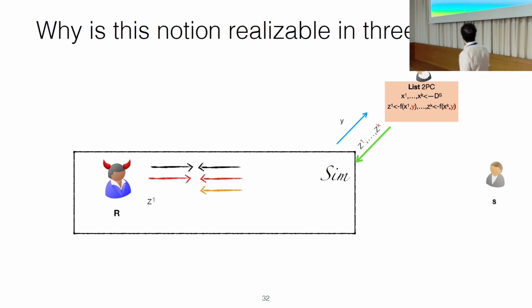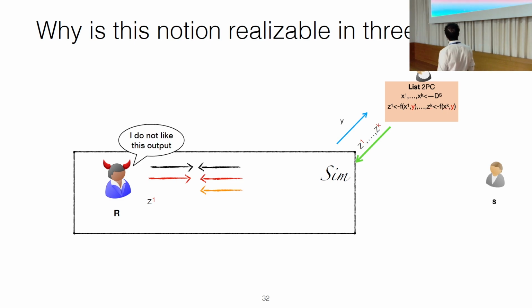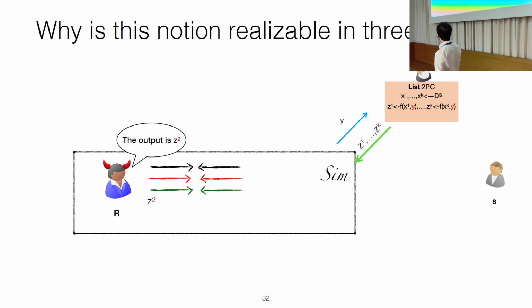And this is exactly the reason why you have this relaxation where from the ideal functionality you get multiple outputs, because this gives the simulator the chance to try multiple outputs, and at some point you can prove that the adversary will like one of your outputs. This is tricky to do, but that's the main motivation behind having multiple outputs.